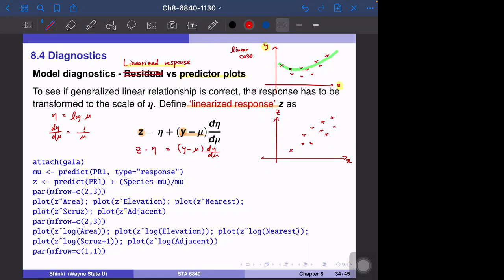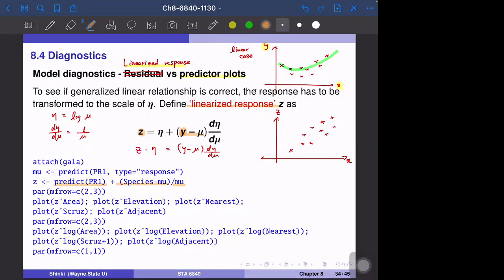So z is defined by eta, the predicted value, plus y minus mu times d eta over d mu, that is, 1 over mu. So if we use this z, we can see the relationship.